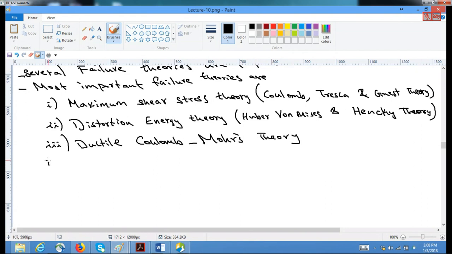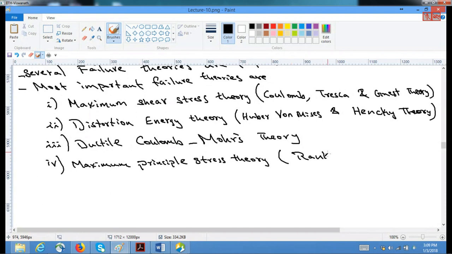Then maximum principal stress theory, also known as Rankine's theory.